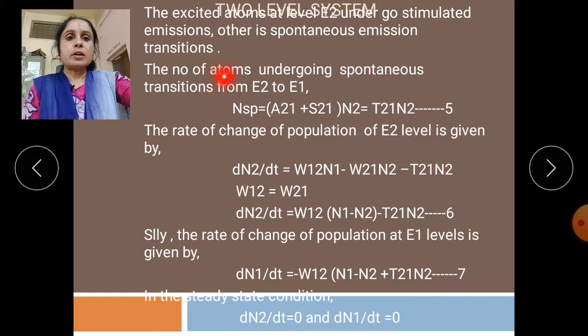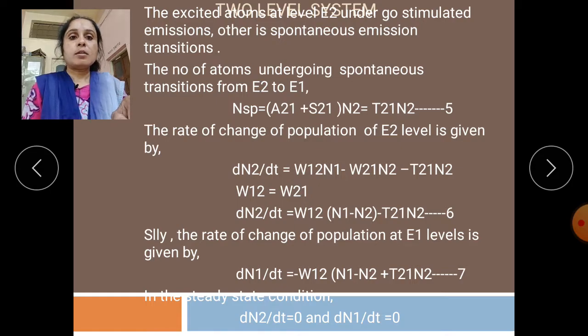So, the number of atoms undergoing spontaneous transitions from E2 to E1, due to this process, go from the excited state to the ground state after the spontaneous emission is done.